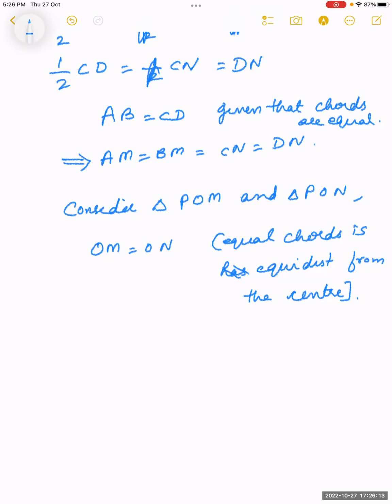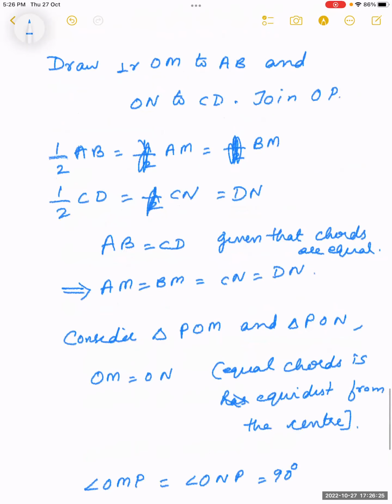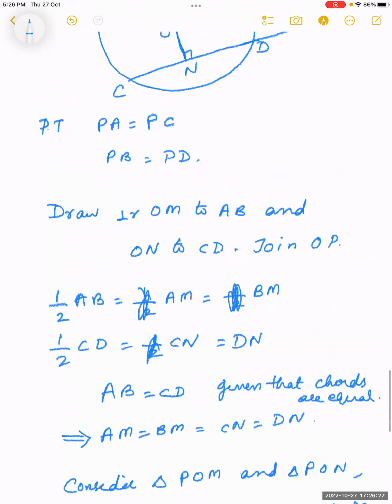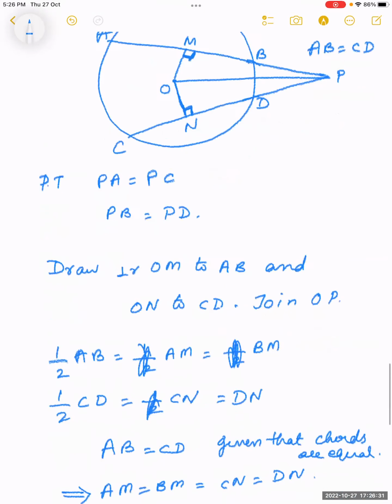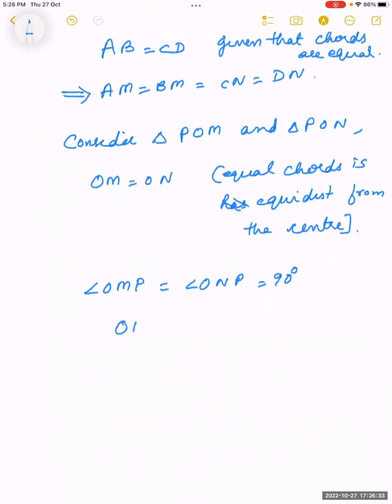Now, what are angle OMP and angle ONP? Both are 90 degrees because they are perpendicular. I've already drawn OMP and ONP. Both are 90 degrees. Write that. Now, the center line OP is equal to OP, which is common.